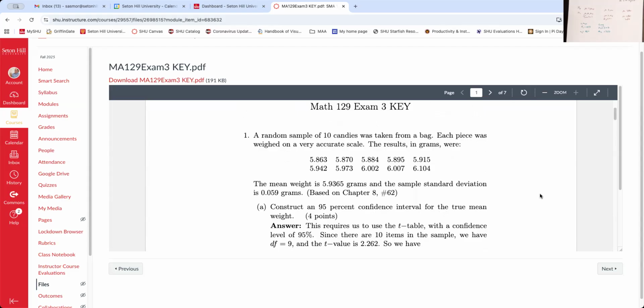Does anything up there in the statement of the problem talk about the standard deviation of not just my little group, but the whole process? It says right here, the sample standard deviation. I don't know about the whole candy making deviation. I only know about this group of 10. That's a T, not a Z.